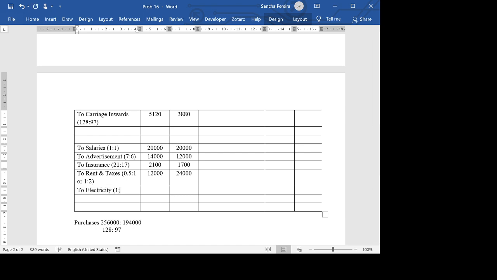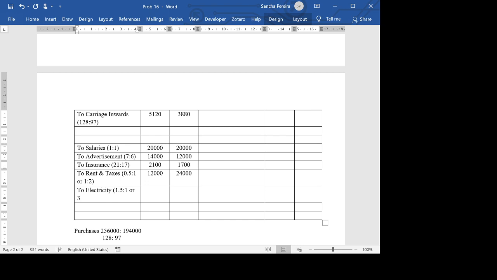It's not double. If it was double, it would have been 2 is to 1. It's 50% more; double would be 100% more. So electricity will be 24,000 and 16,000.